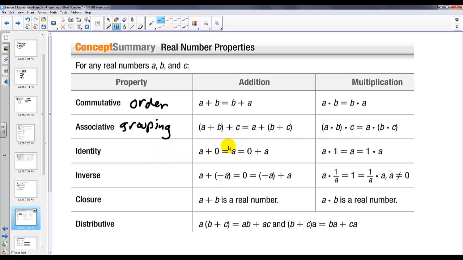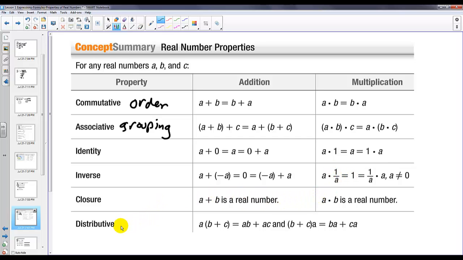Identity: for the additive identity property, adding 0 to anything gets you the same number, and the multiplicative identity property talks about multiplying any number by 1 and getting that number back. Additive inverses, it's basically adding the opposite to get 0. Multiplicative inverse talks about multiplying by a reciprocal to get 1.